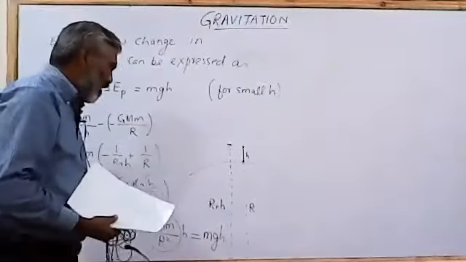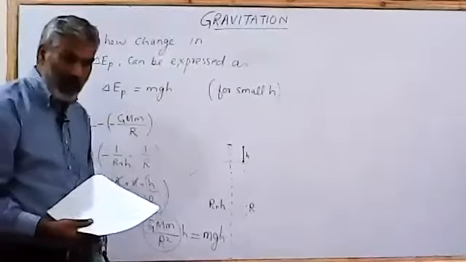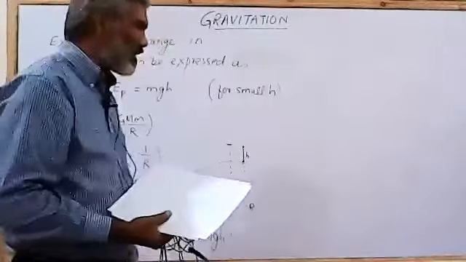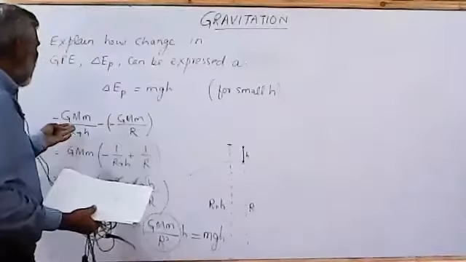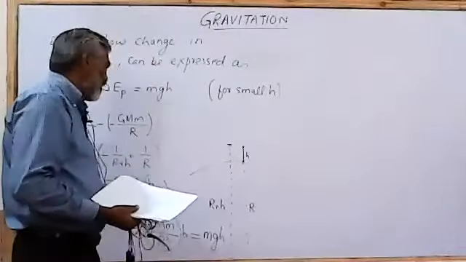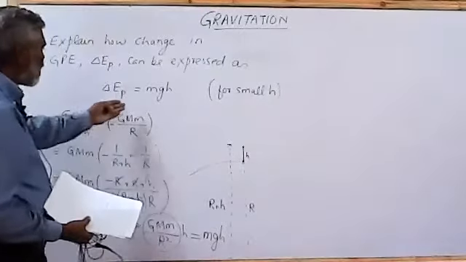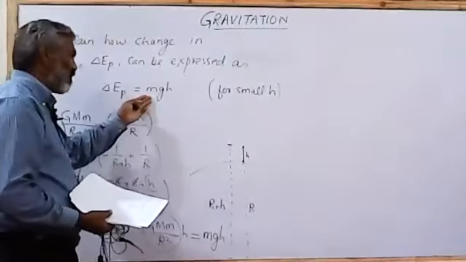This appeared in one of the exam papers, and all this working is for 4 marks. That means you need to understand why this expression that we have defined for this topic, and it appears to be very different from mgh.